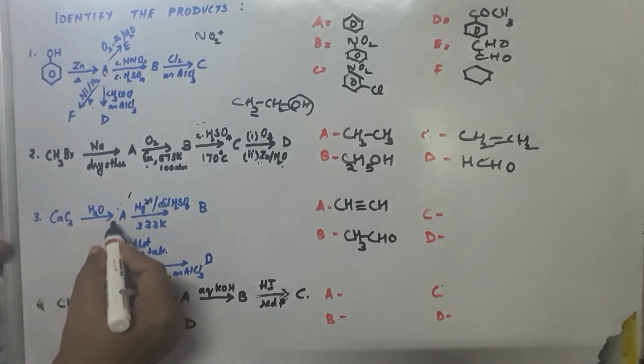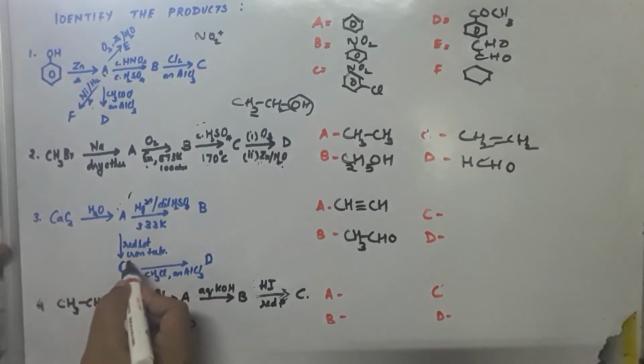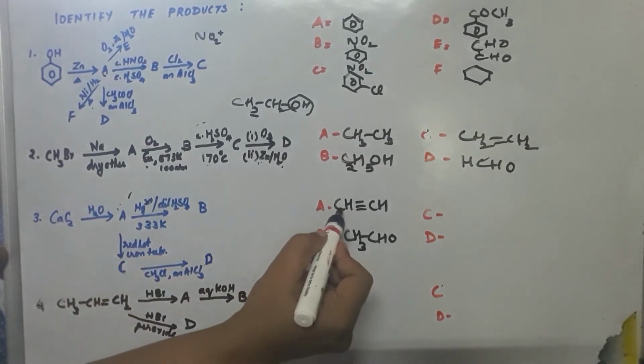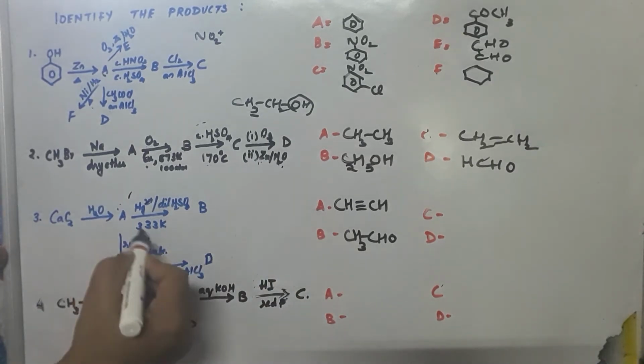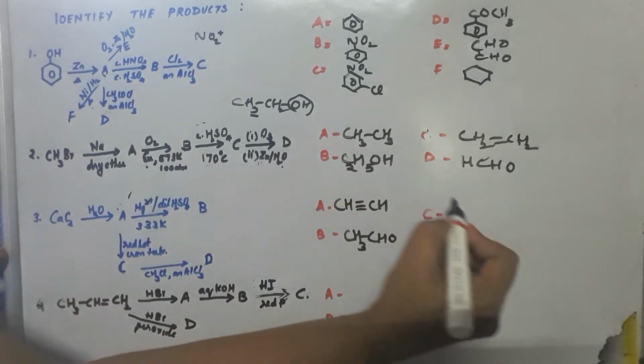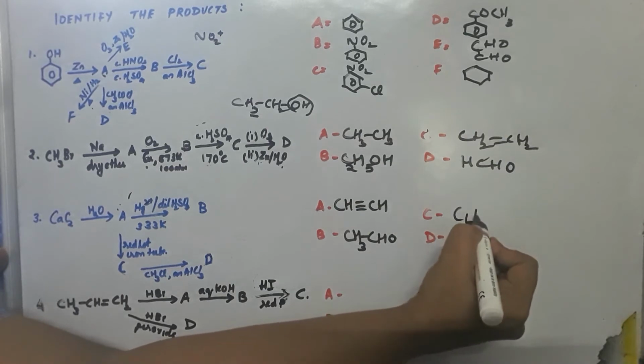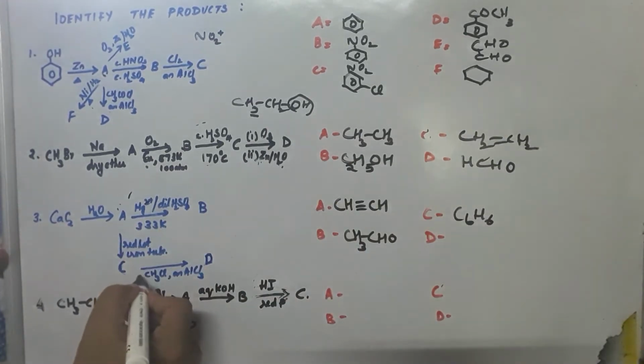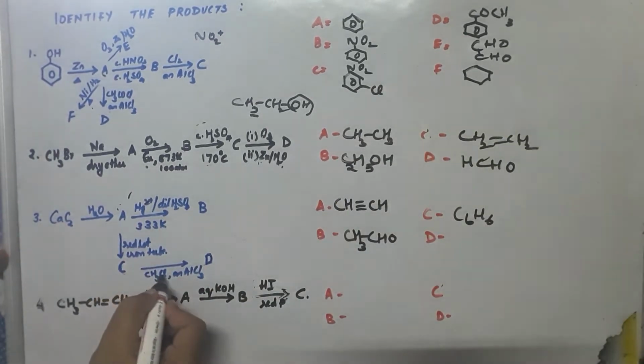Now A is then treated with a red hot iron tube. So acetylene passed through a red hot iron tube undergoes polymerization. So C is formed as benzene, C6H6. Now C6H6 is treated with CH3Cl and anhydrous AlCl3. So this is Friedel-Crafts alkylation.